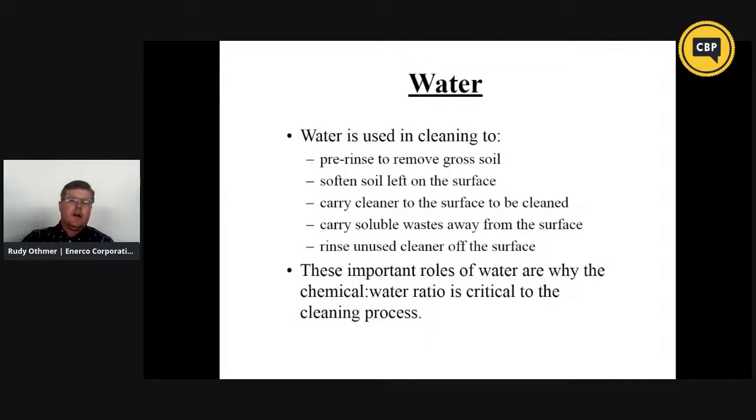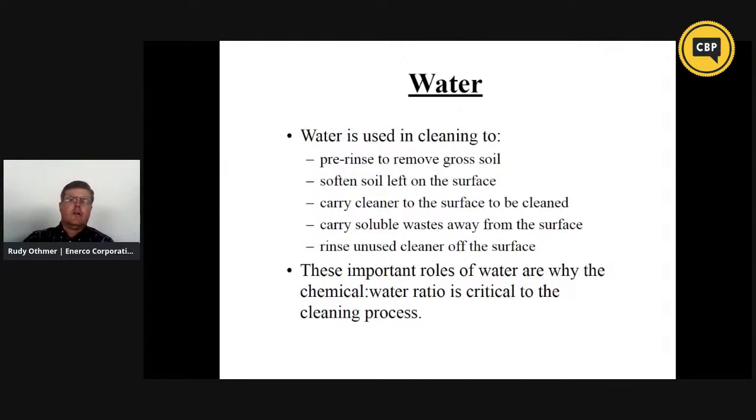We use it to carry the cleaner to the surface, and again to carry the soluble wastes away from the surface on a molecular level. It also is used to rinse unused cleaner off of the surface. And so it's important in the design of your cleaning system to get your chemical to water ratio what it needs to be.